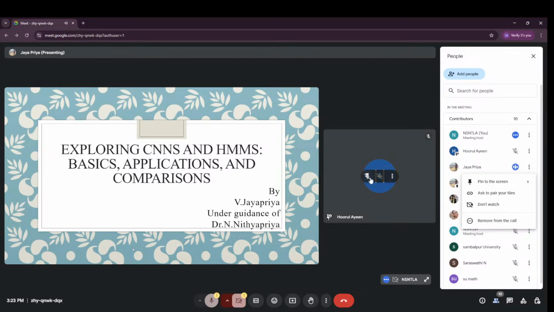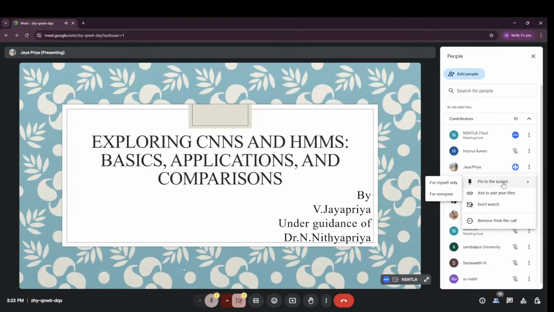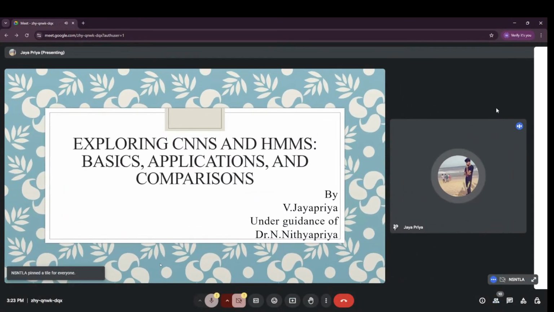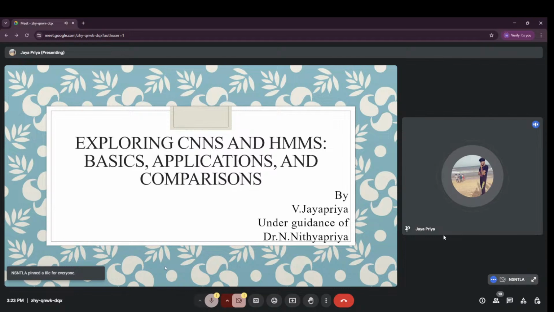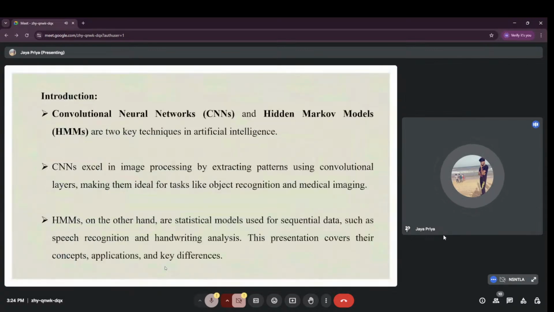Good evening to all. I am Jaypriya from Tamil Nadu under the guidance of Dr. N. Nityapriya ma'am. Today we will explore the basic concept of convolutional neural network and Hidden Markov model, their applications, and how they compare. This is my index. Next, introduction.